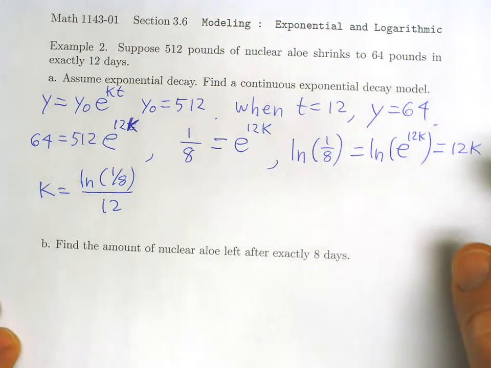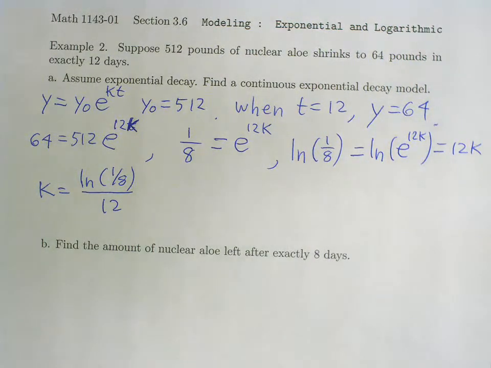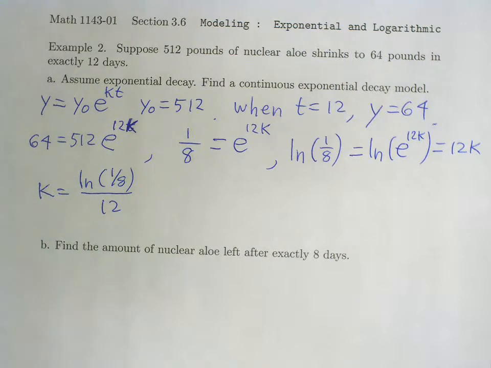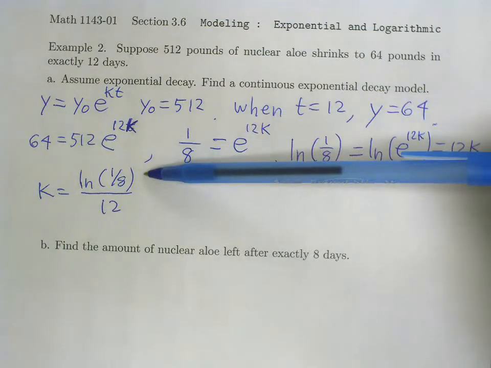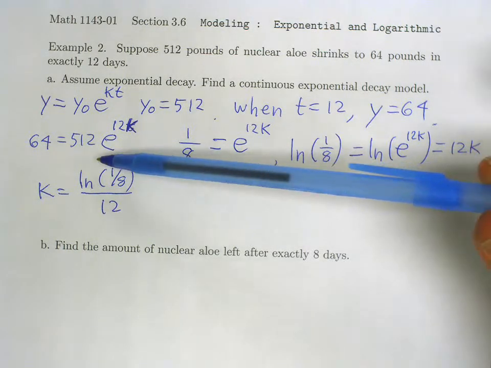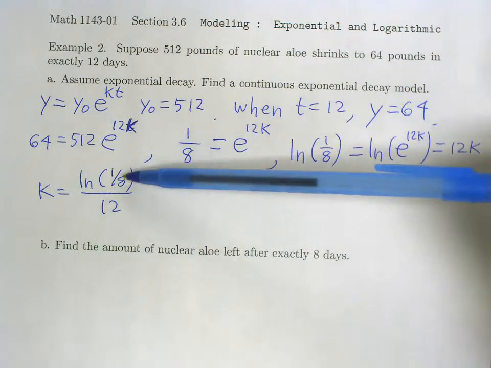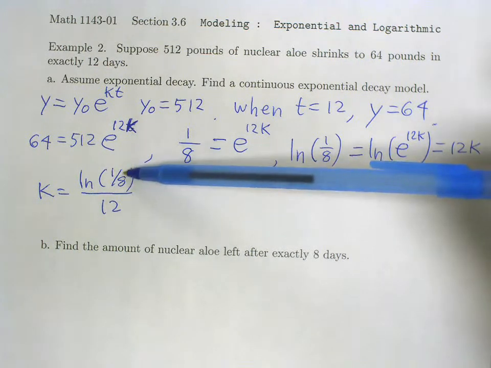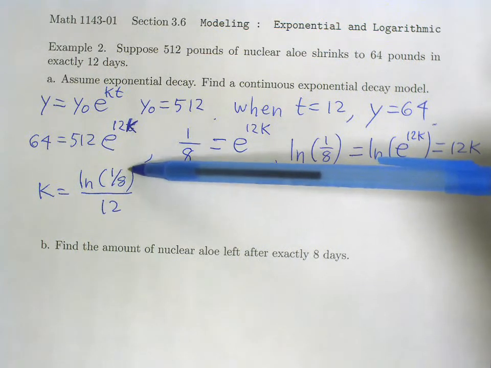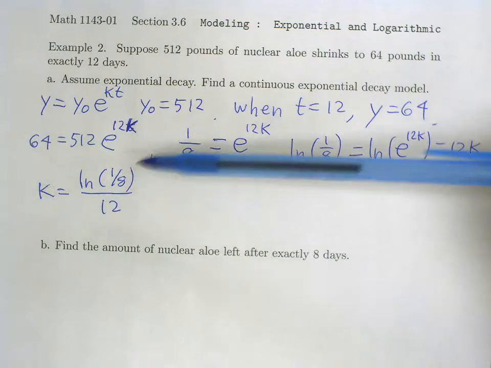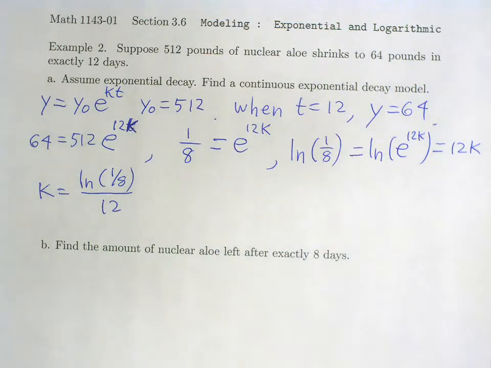Some of you might be wondering, isn't k supposed to be a negative number? Well, this is a negative number. If you compute a logarithm of a number where the argument is between 0 and 1, then the logarithm of that number is negative. So the natural log of 1/8 is a negative number.